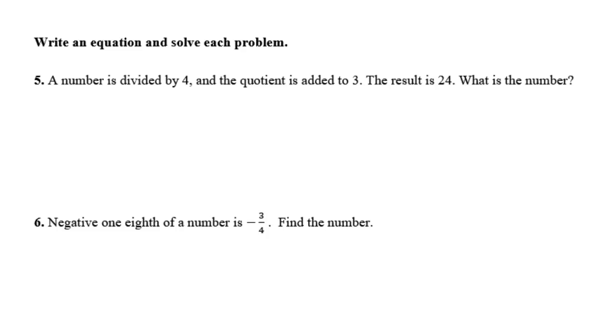So then I'm just going to write these so you can solve them on your own. Try these on your own and then pause. You should pause now until you have your work finished, and then you can look at my answer. A number is divided by 4. It's just x over 4.